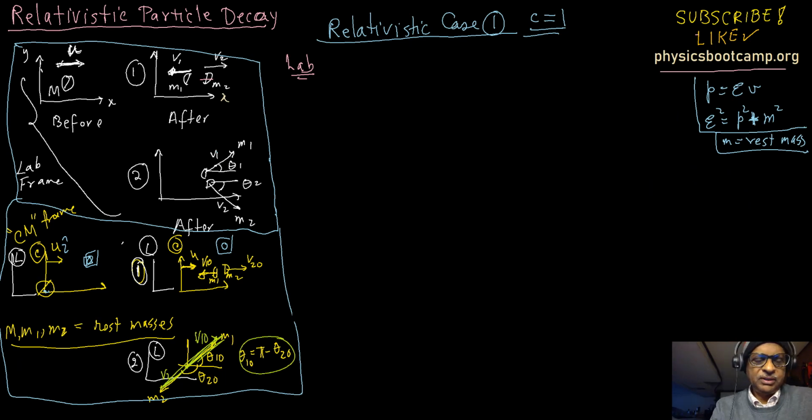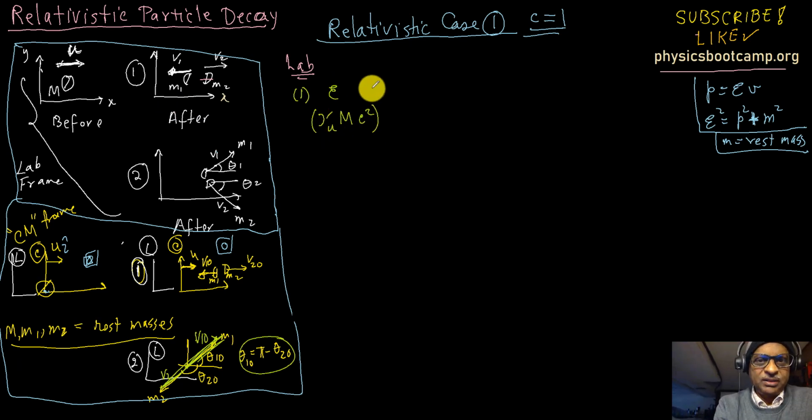Okay, so let's set up those equations. One equation will be energy conservation. So right, you have the energy of the whole thing. Of course, this will be equal to gamma u m c squared.